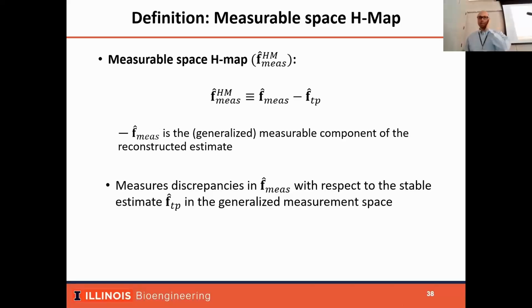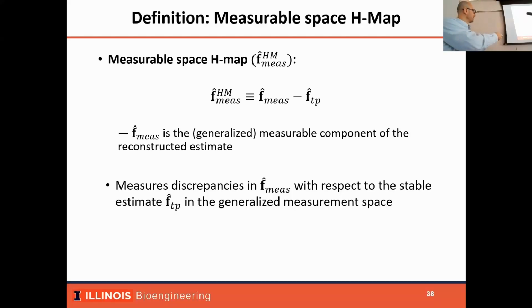So let me define quickly just two hallucination maps. First is the measurable space hallucination map, and it's a simple definition given here. Let f hat mes be the measurable space component of your reconstructed image. So you reconstruct an image, you pick off the measurable space component, and then from that, we subtract the component of the object that we know can be stably reconstructed using, for example, that truncated Moore-Penrose pseudoinverse.